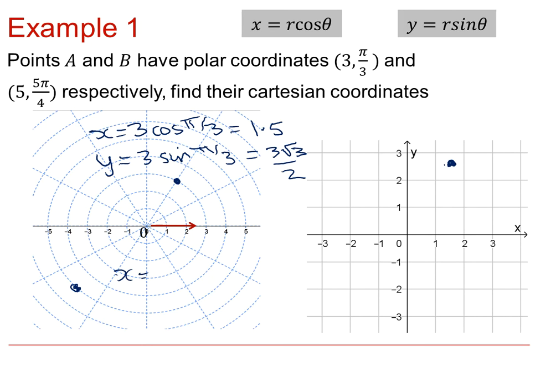If we write that x equals 5 cos 5 pi by 4, that will give us minus 5 over root 2, and y equals 5 sine 5 pi by 4 gives us minus 5 over root 2 as well, and this gives us a point which is about here on the Cartesian grid, again in the quadrant we are expecting.